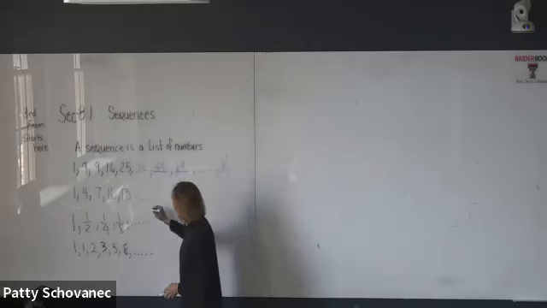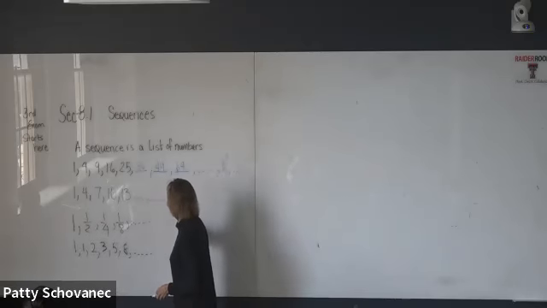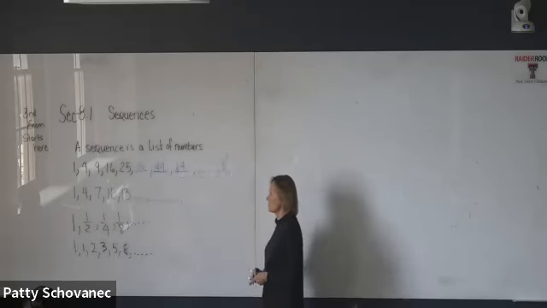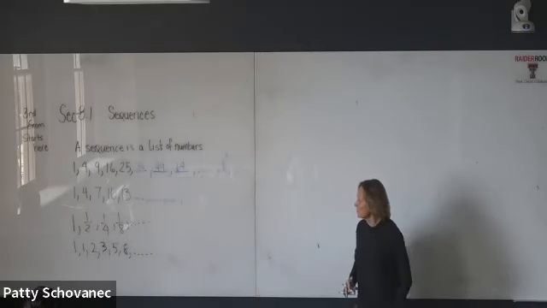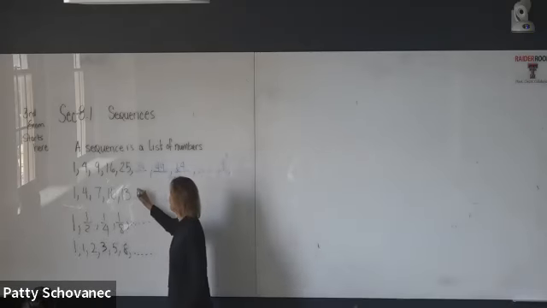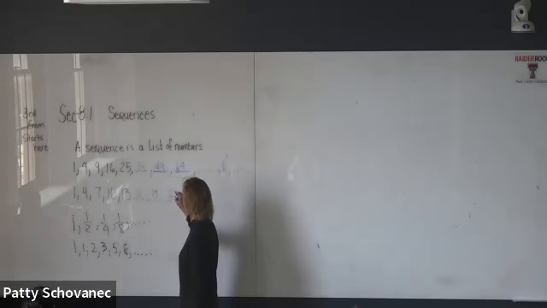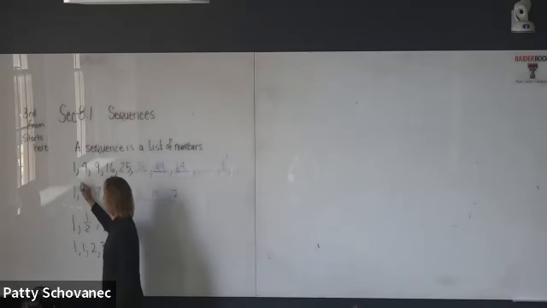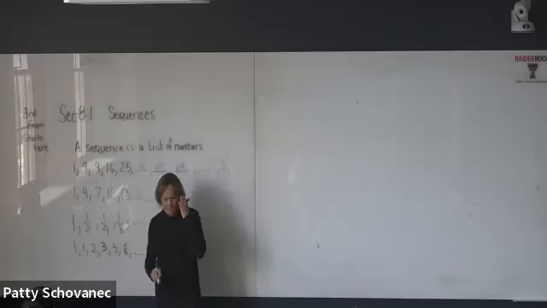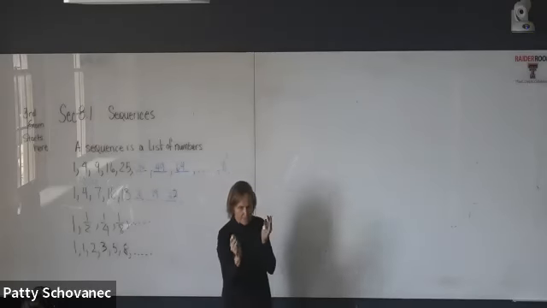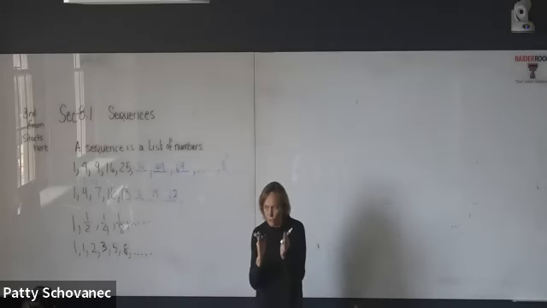Can you tell me what the next 3 terms are? Each one has a fixed difference of 3. Always adding 3 to get down the line. A type of sequence in which there's a common difference between 2 terms is called an arithmetic sequence.